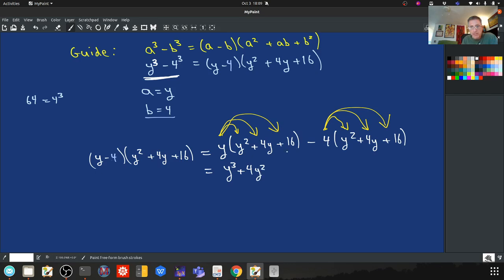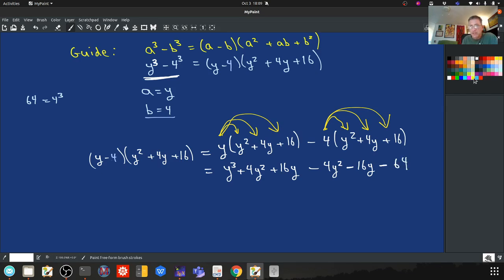Y times 16 is plus 16y. Minus 4 times y squared, minus 4 times 4y which is 16y, minus 4 times 16 is 64.